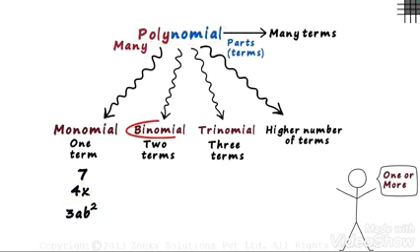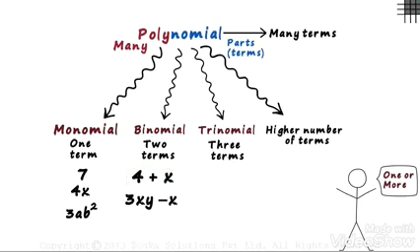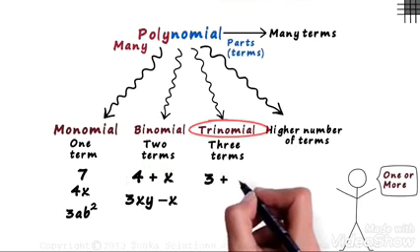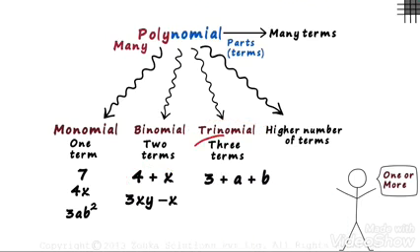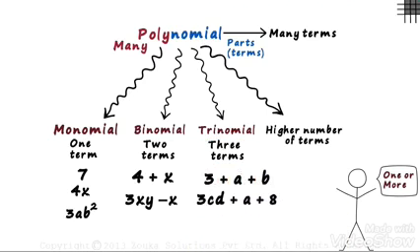An example of a binomial would be 4 plus x. The plus sign separates the terms. Another example would be 3xy minus x. An example of a trinomial would be 3 plus a plus b. It has three terms, 1, 2 and 3. Or maybe 3cd plus a plus 8.